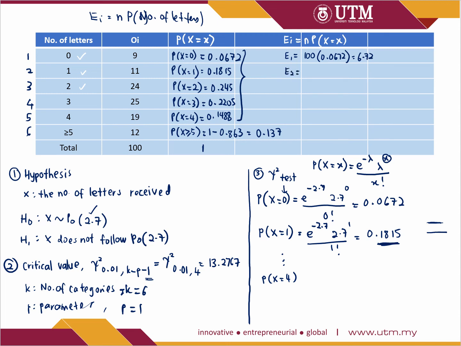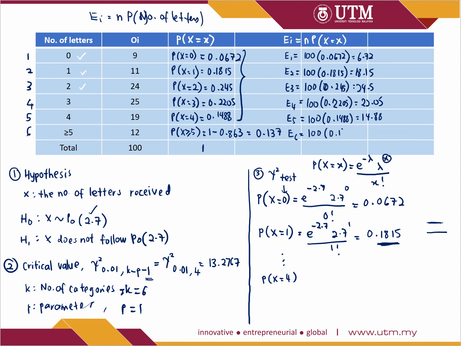For the second category, 18.15, 24.5, 22.05, 14.88, and the last one, 100 times 0.137, 13.7.